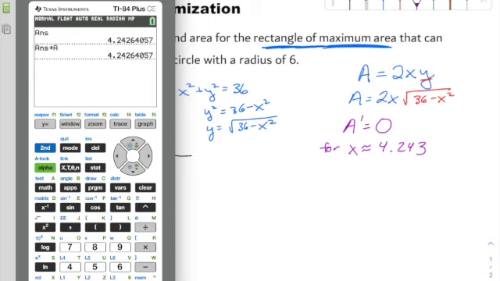I want to take that value, and the dimensions of my rectangle were, remember, 2x by y. 2x by y.